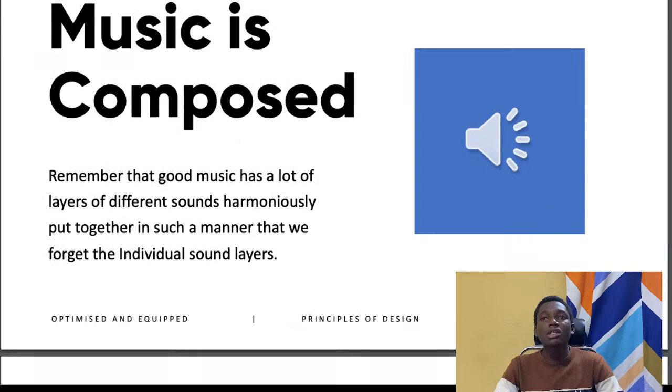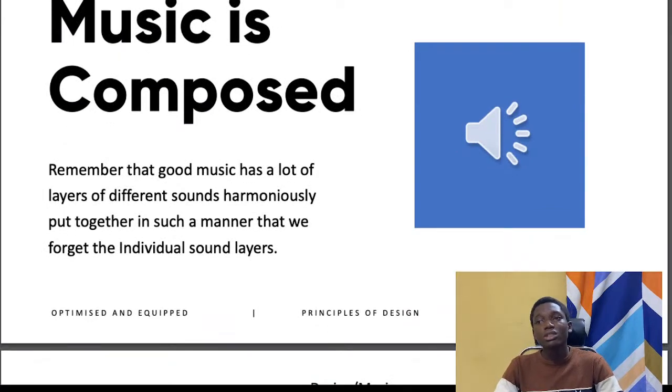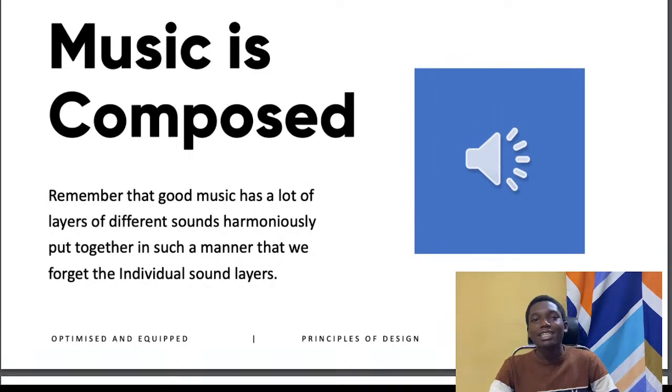Then we are moving to the next row, which is that music is composed. Remember that good music has a lot of layers and different sounds harmoniously put together in such a manner that we forget the individual sound layer.